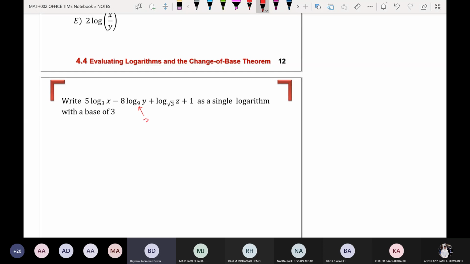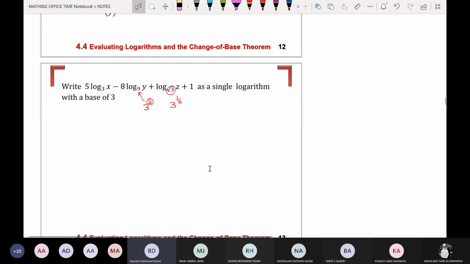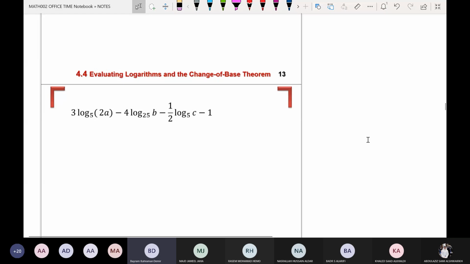You need to think of 9 as 3 squared. So you know what will happen to 2, right? We move it and it becomes a half. Yes, we have 3 to the half here. And this half is going to come here as 2, right?